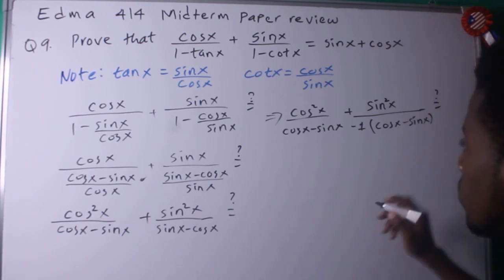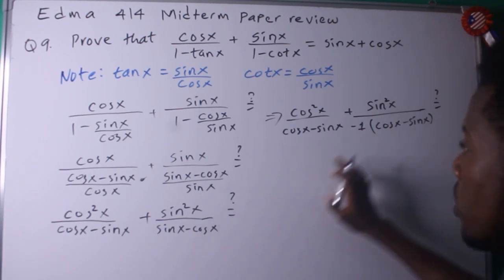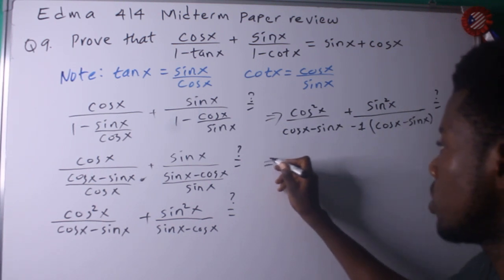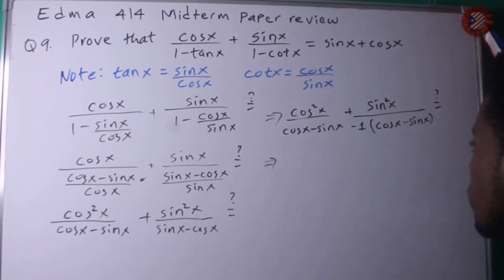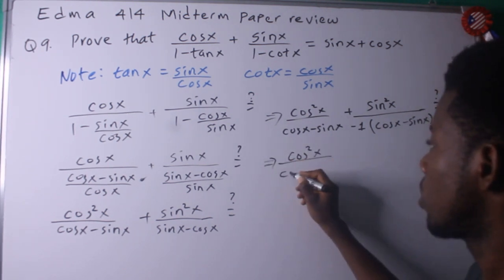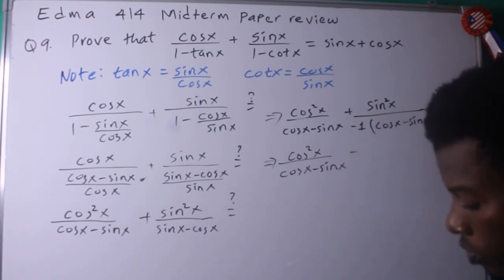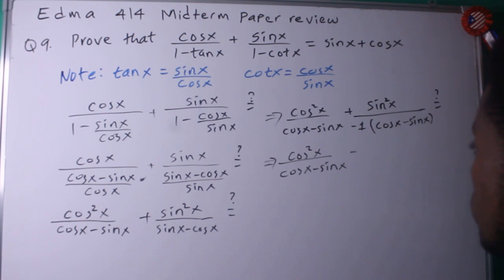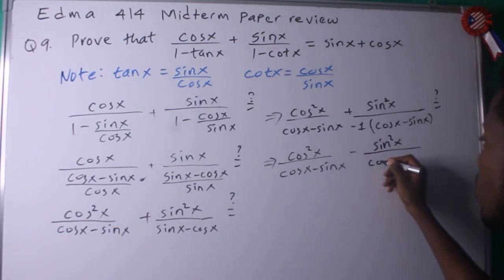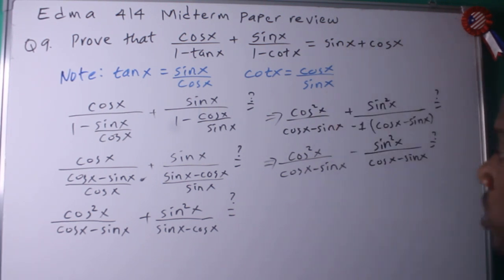Negative 1 times cos x gives negative cos x, and negative 1 times negative sin x gives positive sin x. So we have cos squared x all divided by cos x minus sin x. Now this negative affects the numerator, the coefficient of sin squared, so you have minus sin squared x all divided by cos x minus sin x, and we want to know whether it equals sin x plus cos x.